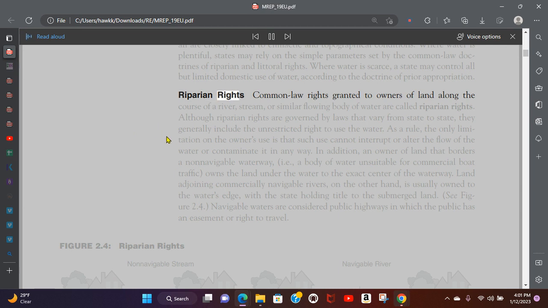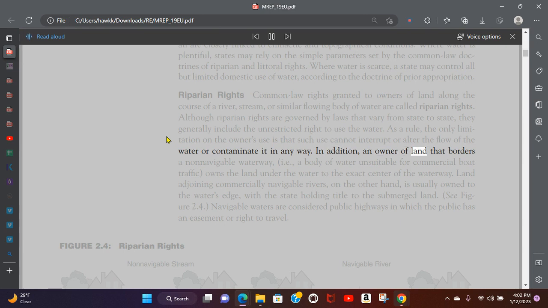Riparian rights, common law rights granted to owners of land along the course of a river, stream, or similar flowing body of water, are called riparian rights. Although riparian rights are governed by laws that vary from state to state, they generally include the unrestricted right to use the water. As a rule, the only limitation on the owner's use is that such use cannot interrupt or alter the flow of the water or contaminate it in any way.